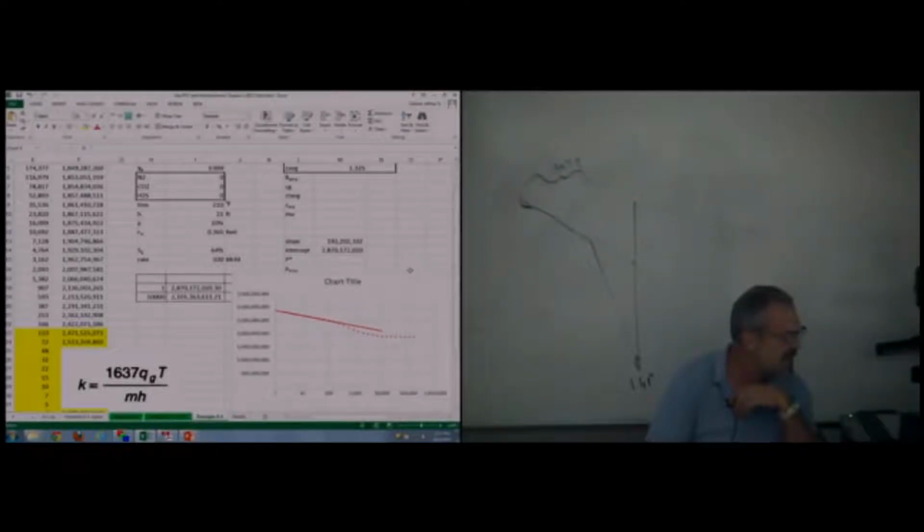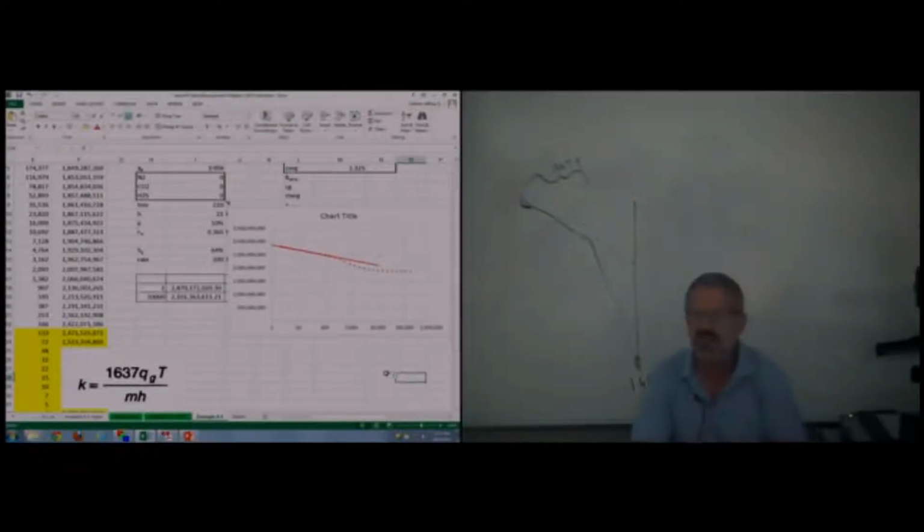Now, if I was just to make a subtle improvement, I would say that I used too much data. I went outside of my middle time region data. So I'm going to use one less point.